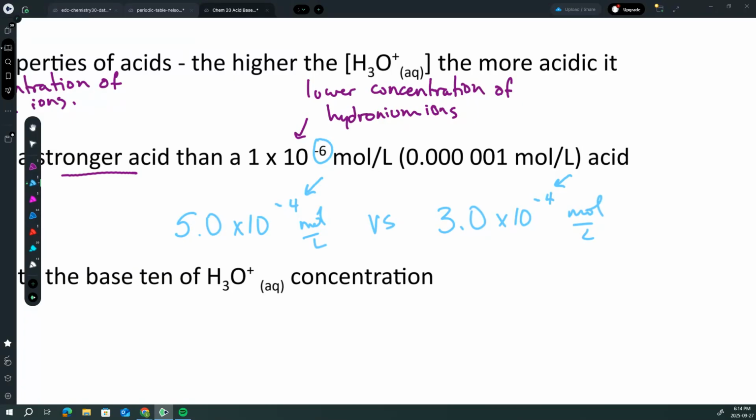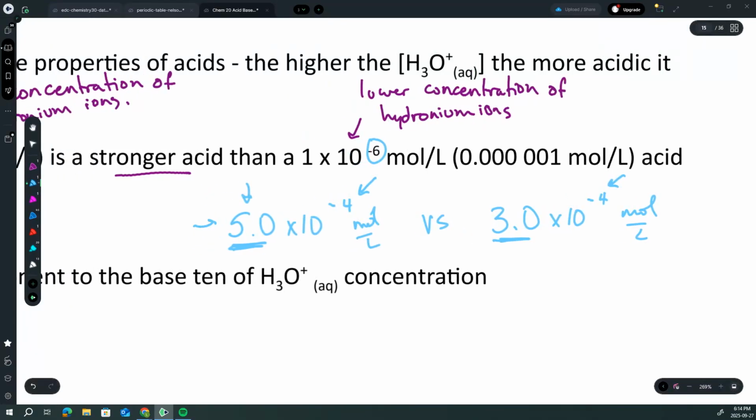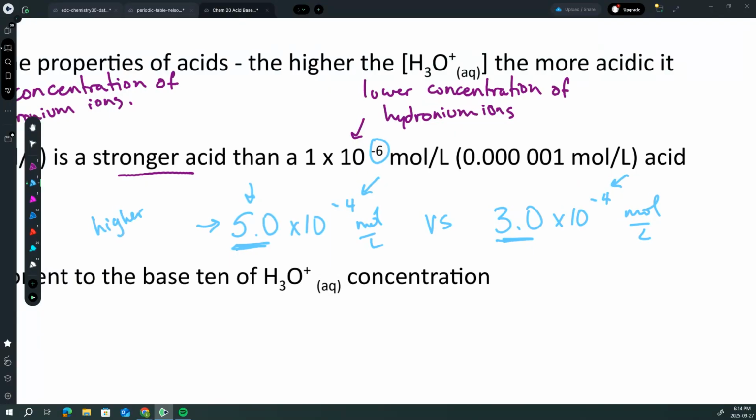If that is the case, then you have to move on to looking at the number out in front. Well, 5 is bigger than 3, therefore the solution with the concentration of 5 times 10 to the -4 is going to have the higher concentration of hydronium.